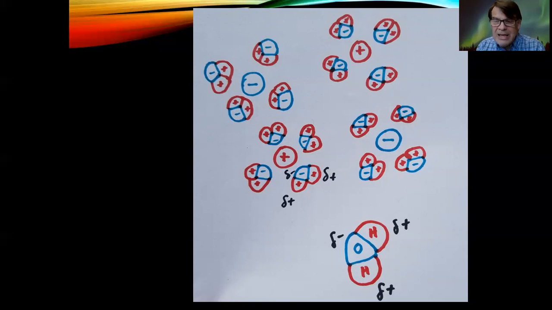Maybe partial is not the right word. It leans positive in the hydrogens, and it leans negative in the oxygen, just because of the way the electrons tend to distribute. The electrons lean more toward the oxygen and away from the hydrogen in water.